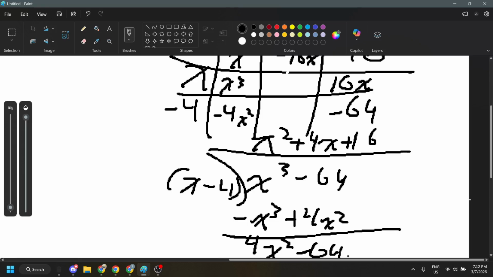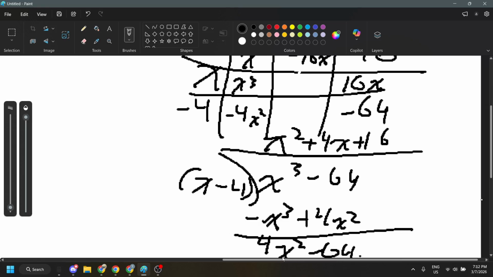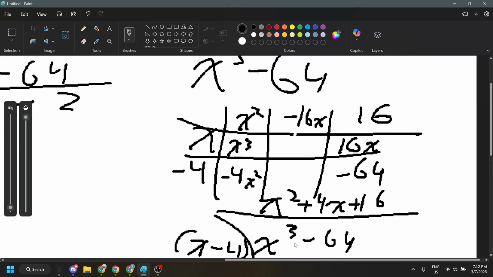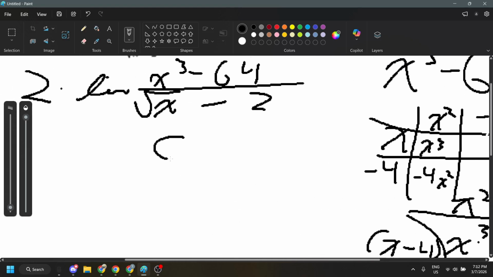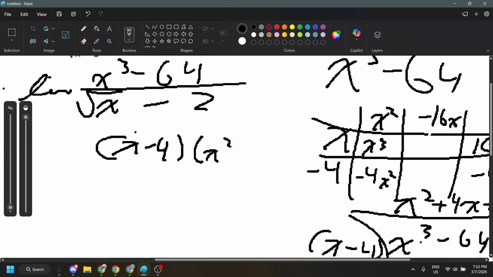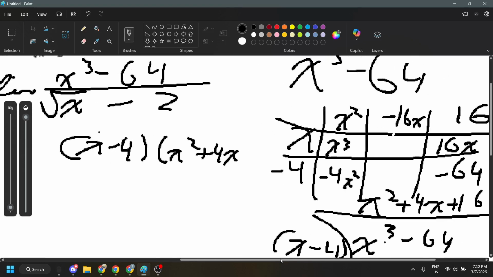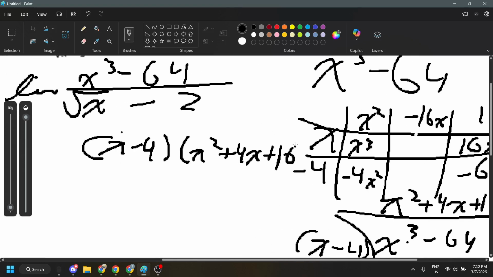Right, that all makes sense. Okay, cool. So now we're left with, on the top, x minus 4 times x squared plus 4x plus 16. And this can't be factored.